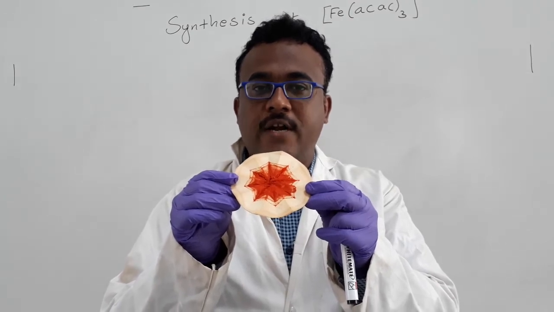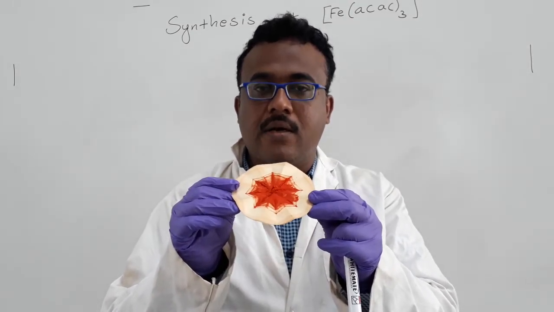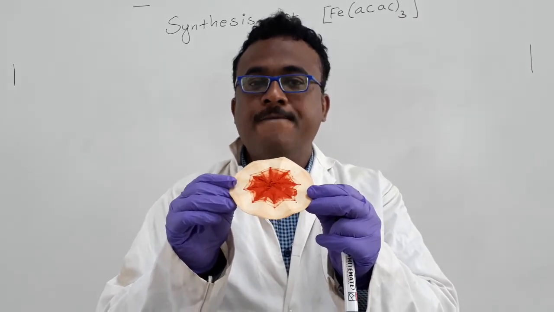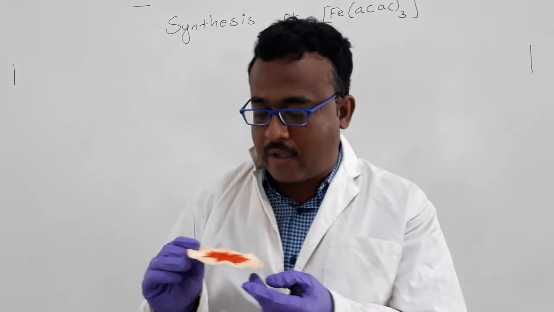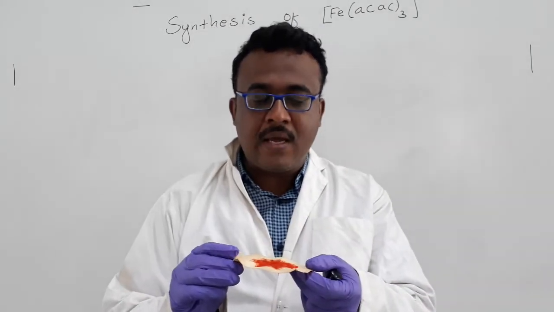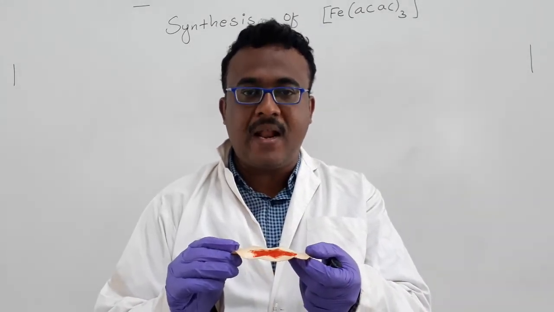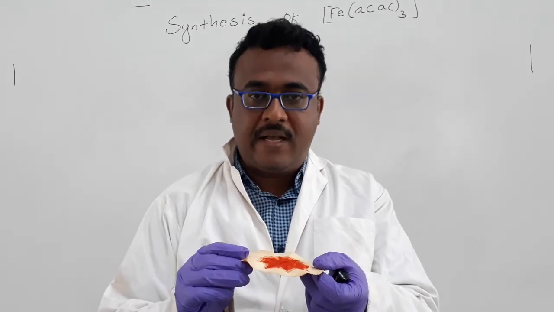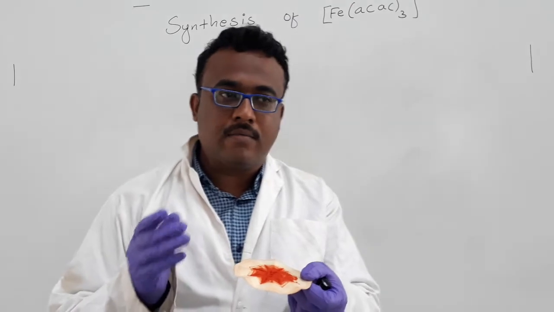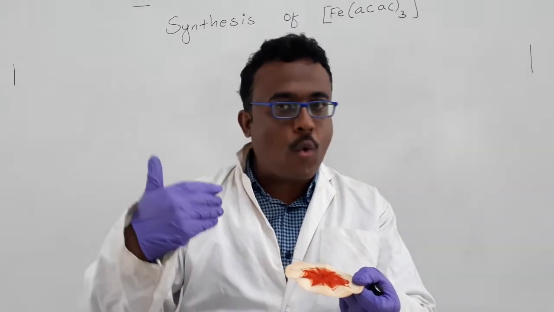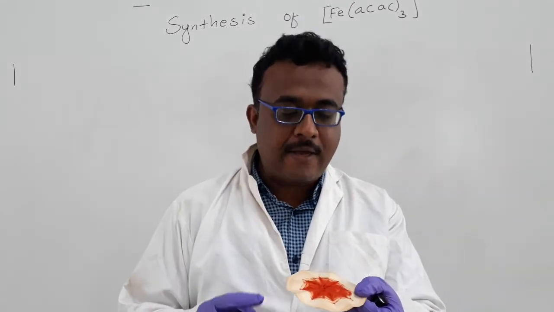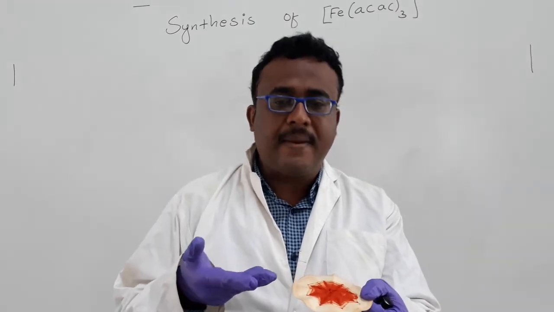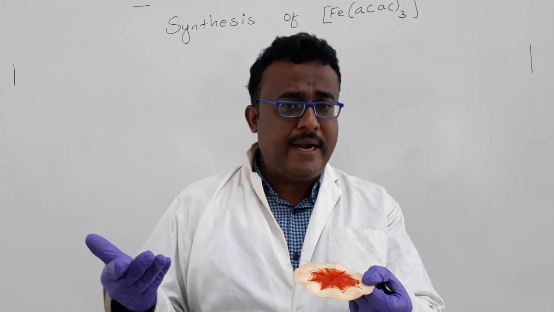A red color solid was formed; you can see that this highly attractive red color solid was formed on the filter paper. This can be scratched out from the filter paper and recrystallized with methanol or ethanol, because once acetylacetonate coordinates with the iron atom, it gives solubility. This complex is highly soluble in alcoholic solvents.